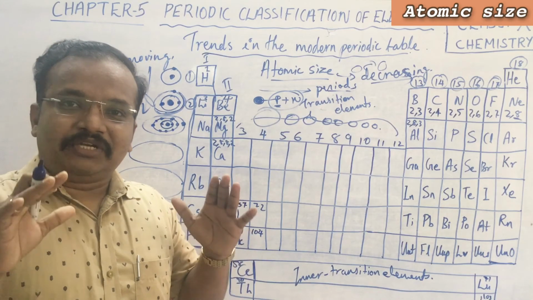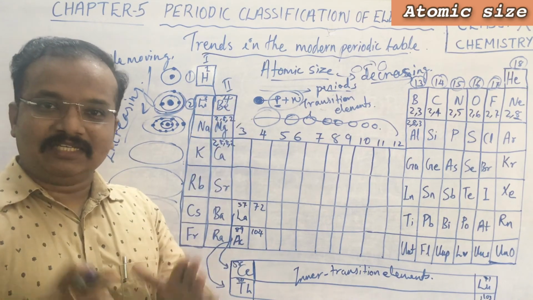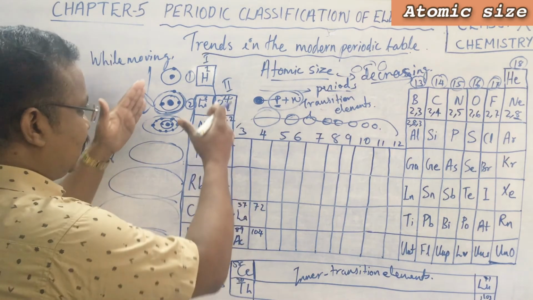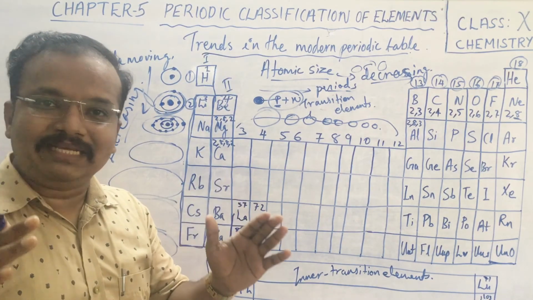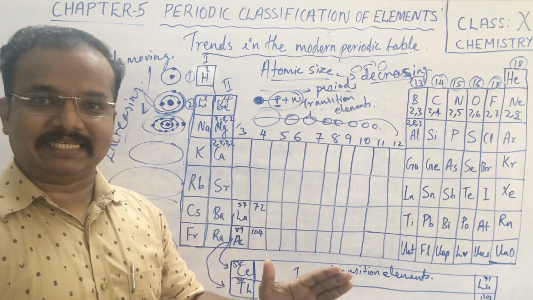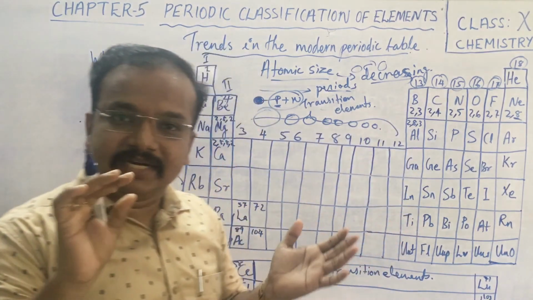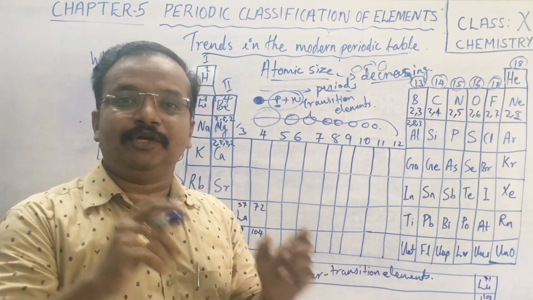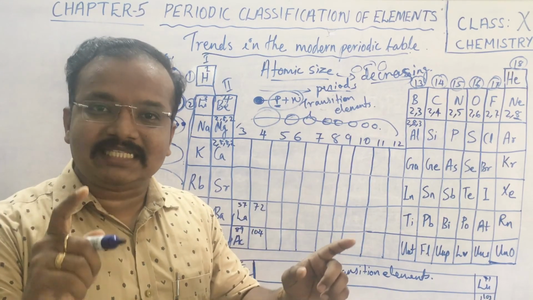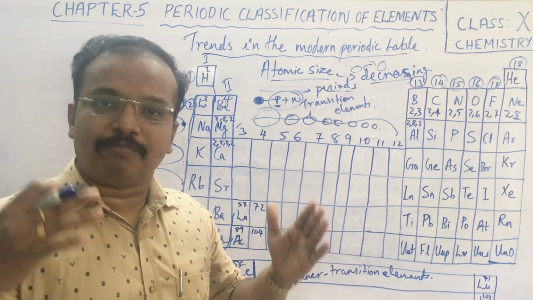So students, today we have discussed only the atomic size. You have to remember that going down the groups, the atomic size keeps on increasing, and moving from left to right in periods, the atomic size keeps on decreasing due to the increase in nuclear charge, meaning the increase in the number of protons.